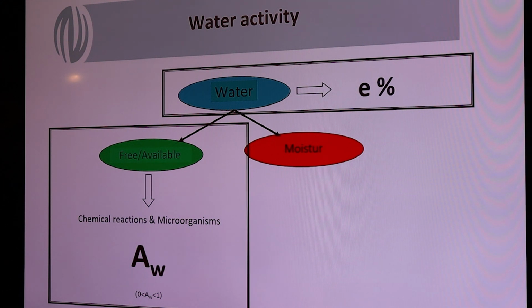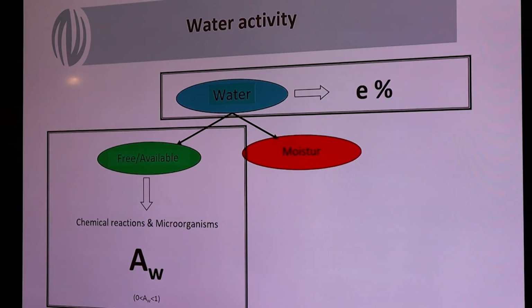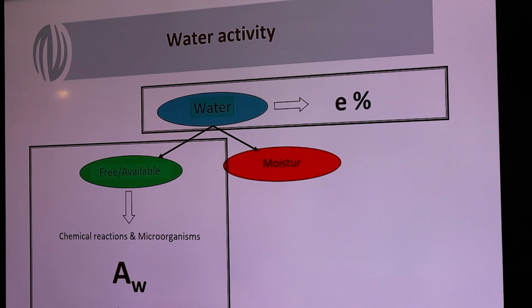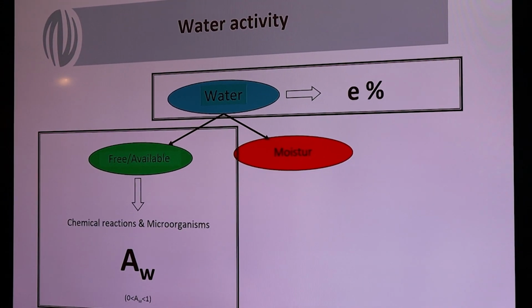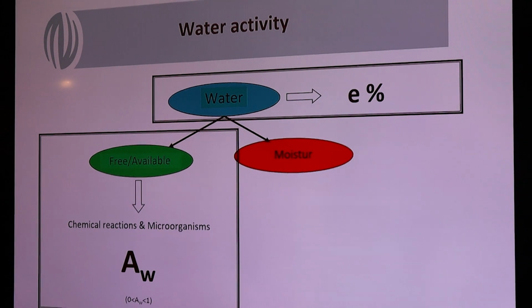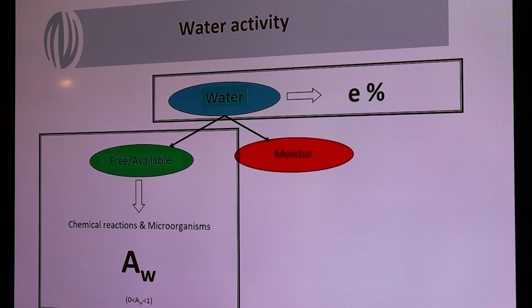There are a lot of parameters for getting the right water balance. It's also the right way to make your ganache. A lot of chefs, when they make a ganache, mix all the ingredients, boil the cream, pour it over the chocolate, and then stir with a spatula, and that's it.